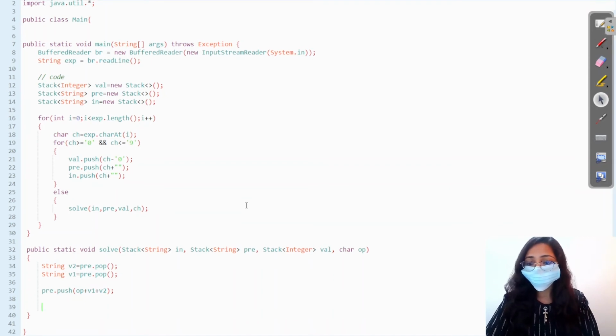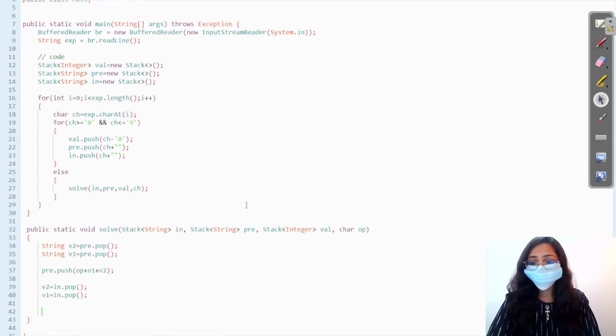Now, we are working with the infix stack. So we want v2. I'm not initializing v2 and v1 again and again because it will just waste memory. We don't want that to happen. So we are going to take the values as they are, as it will be a string type only. So we will pop, and v1 will also be popped. Okay.